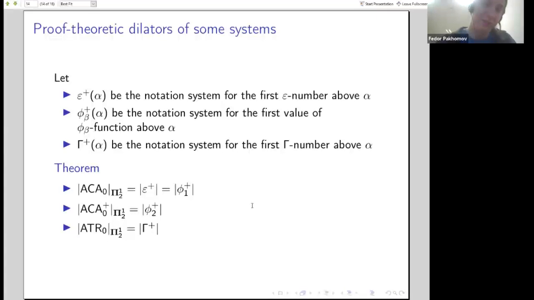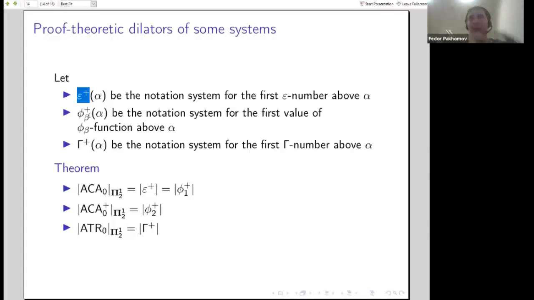Basically, we want to have the following operator, epsilon plus. This operator should map a given Veblen ring to the Veblen ring with the order type of the next epsilon number above the order type of this Veblen ring.